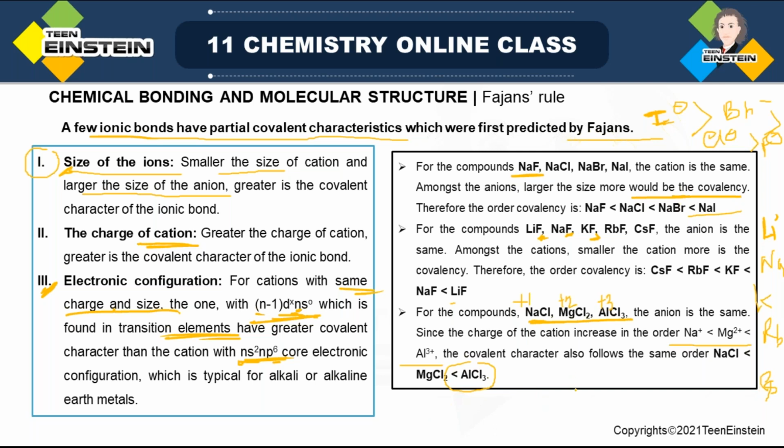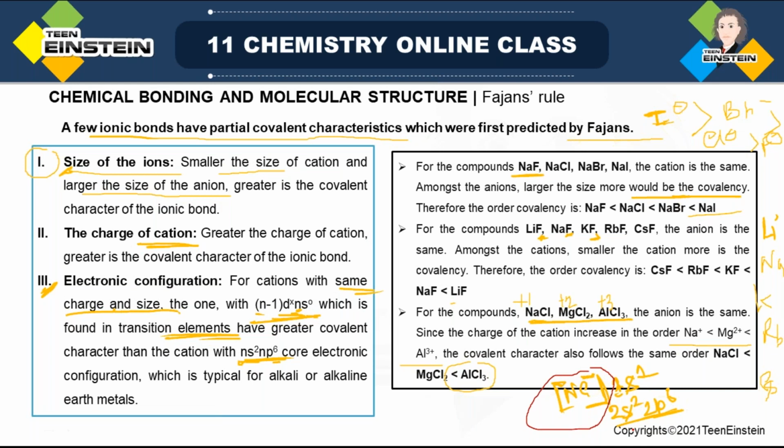The last noble gas, neon, has atomic number 10. So how do we write the electronic configuration of sodium after neon? You write 3s1. That means the electronic configuration of neon ends at 2s2 2p6, so it matches ns2np6. So for sodium, the core electronic configuration is ns2np6.